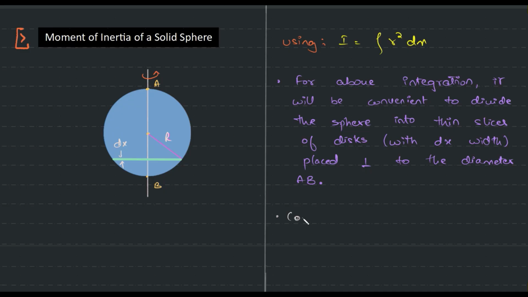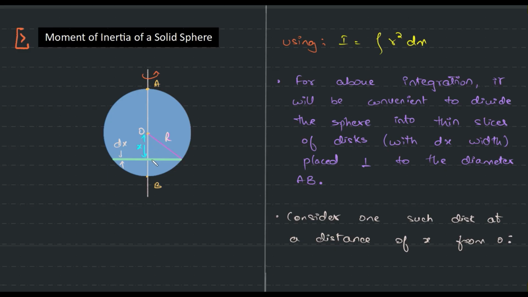We need to consider one such disk at a distance of x from O. So this is our O. This is x.